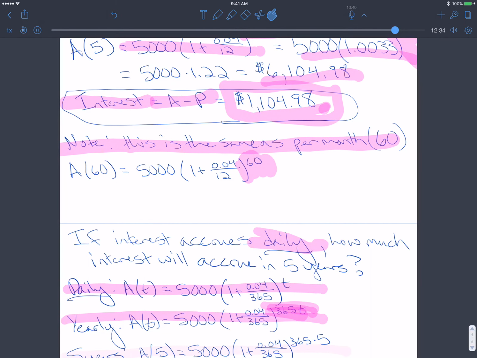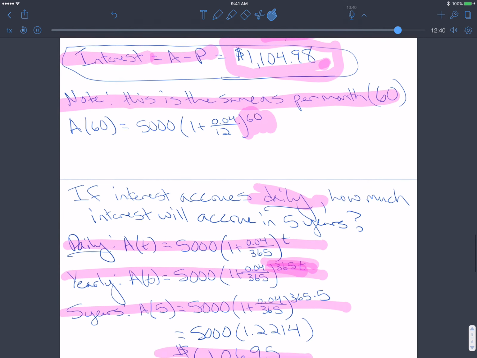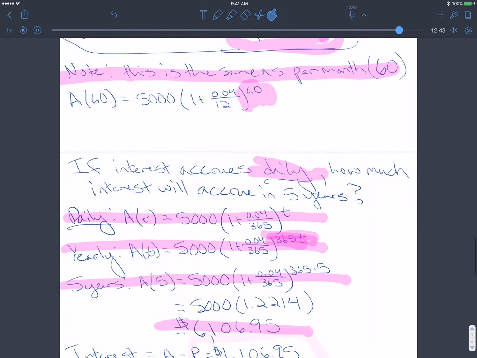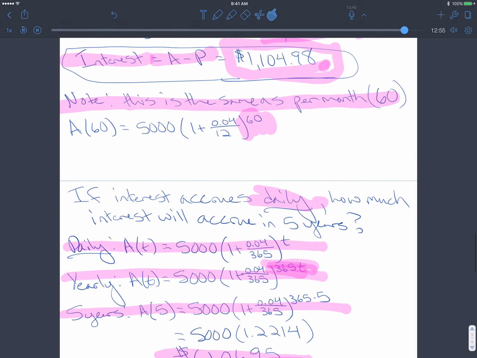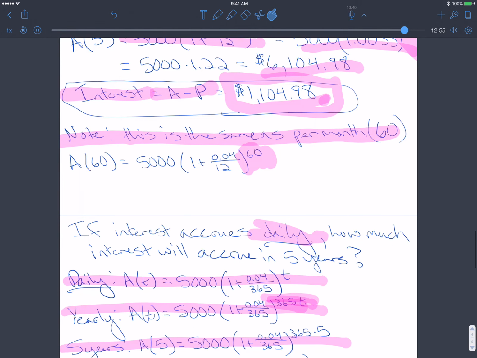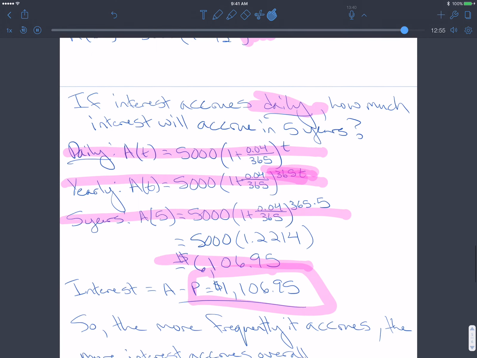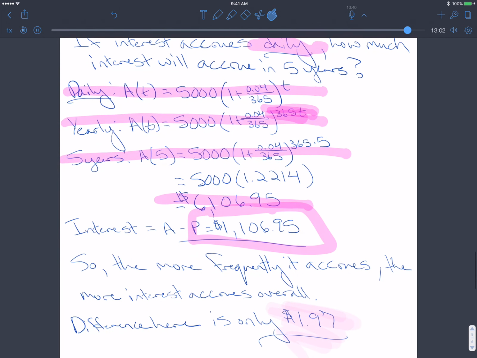So over 5 years, I would just substitute in 5 into my yearly model, and I would get $6,106.95. Again, I subtract the principal, and I have $1,106.95. Whereas with monthly, it was $1,104.98. So the difference is not very much, but you can see that you get a little bit more interest the more frequently you accrue it.